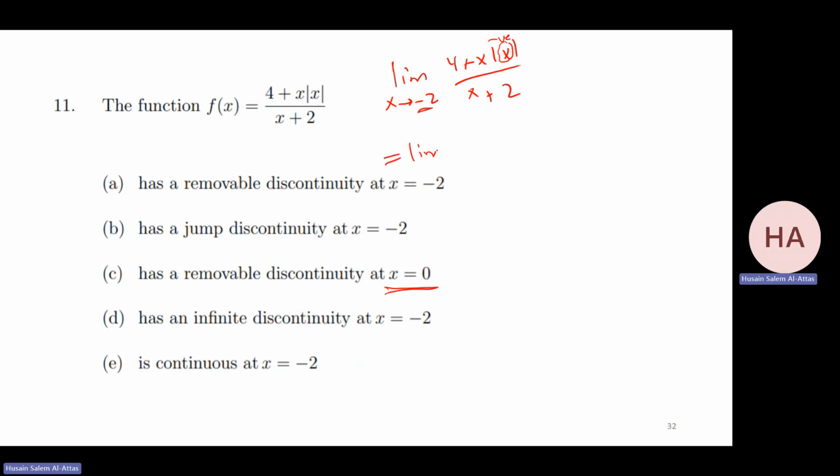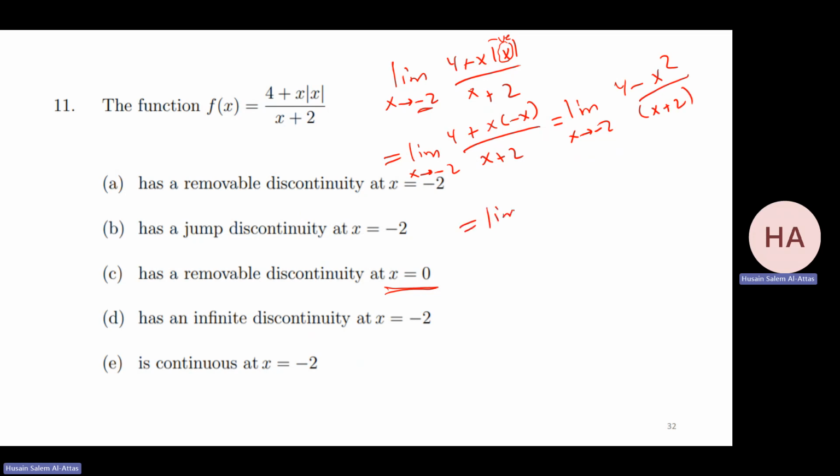So this will be the limit as x goes to minus 2 of (4 plus x times minus x) over (x plus 2). And that will be the limit of (4 minus x squared) over (x plus 2).